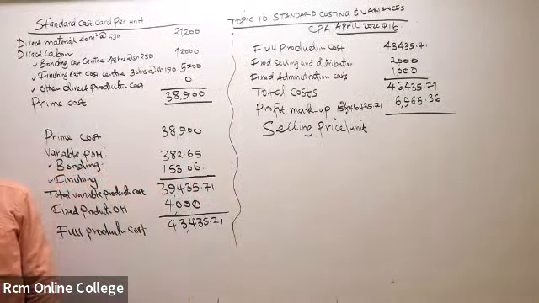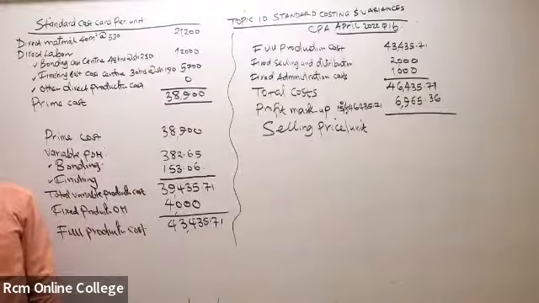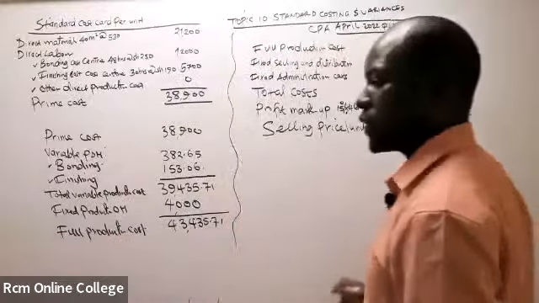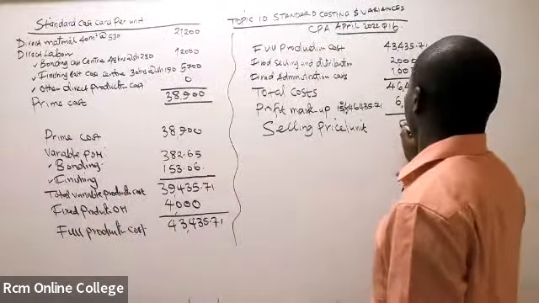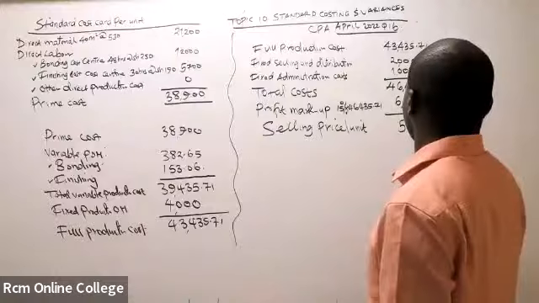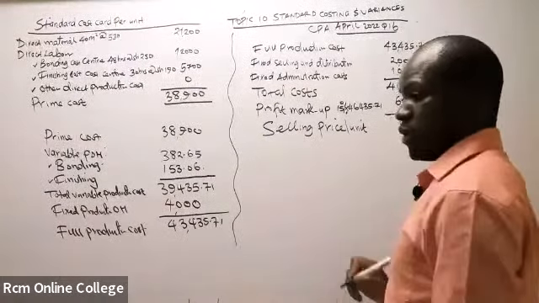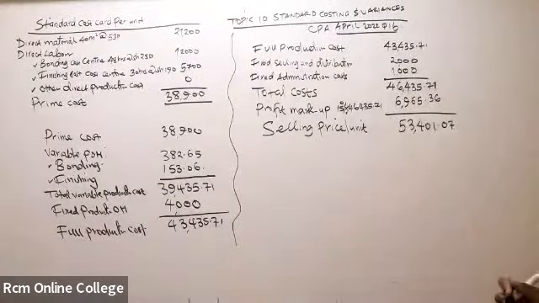Budgeted selling price itakuwa ngapi? Budgeted selling price $53,401.07. Is that what we are getting?